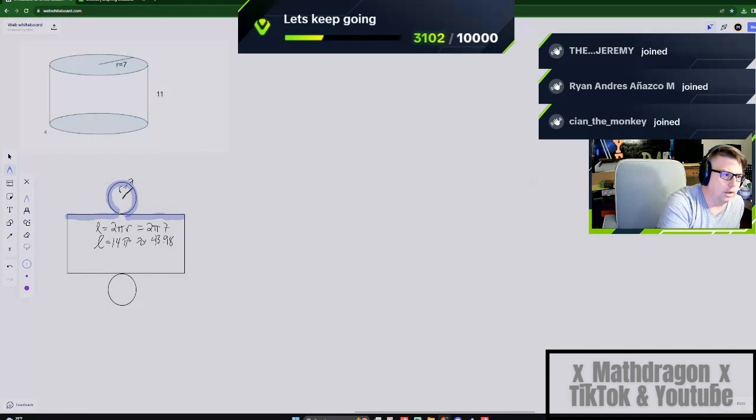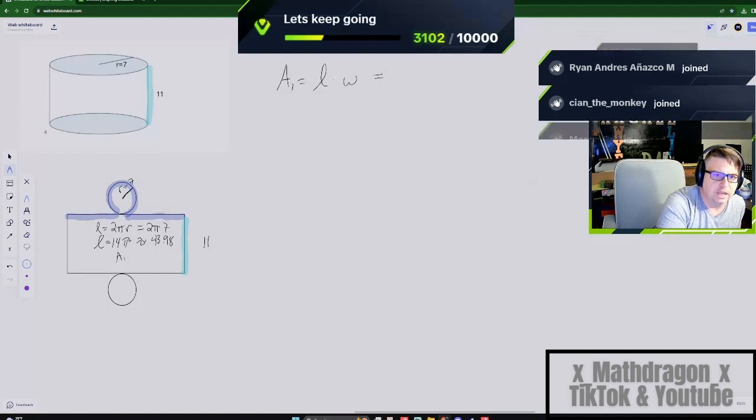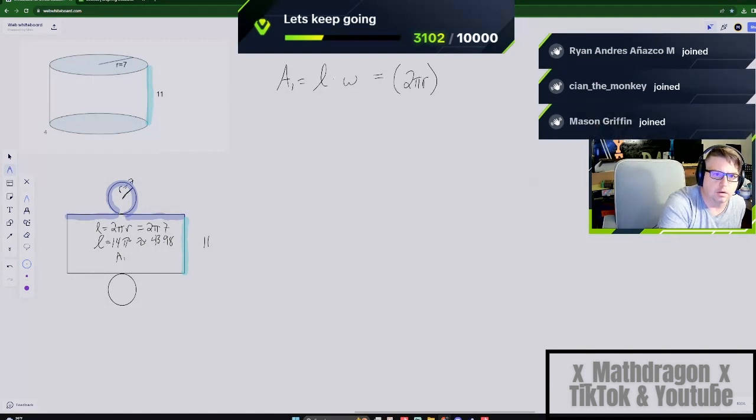Now our height right here, from one base to the other, is going to be 11. So if I want the area of the first one, it's going to be length times width, which is equal to 2 pi r times 11. That's 2 pi times 7 times 11. Now we did 2 pi r and got 43.98, and we're going to multiply that by 11.